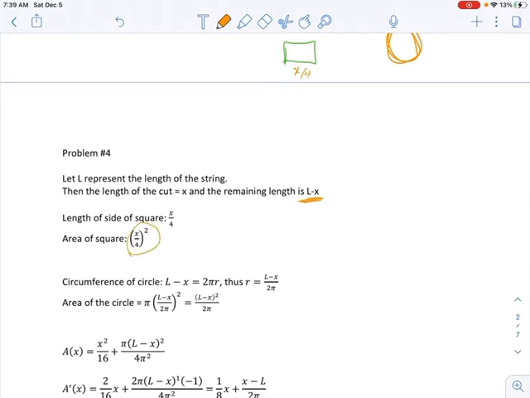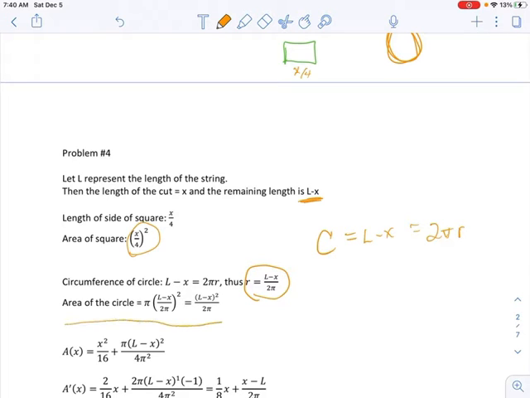So the area of the square is (X over 4) squared. Now the circumference of the circle is L minus X, and the circumference of a circle in general is 2 pi r. So solving for r, the radius of the circle is (L minus X) over 2 pi.